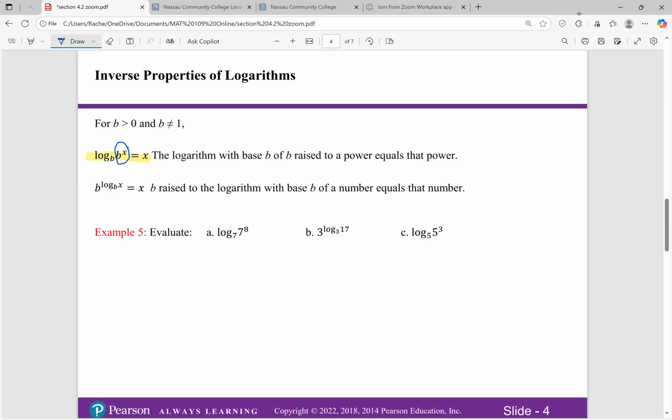So we would have to take b and raise it to the x in order to get b to the x. So that's that property. And then the second inverse property, which I'm highlighting, says if I have base b and I raise it to the log base b of x, then the result is just going to be x.